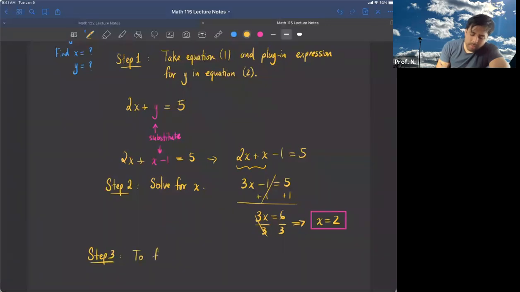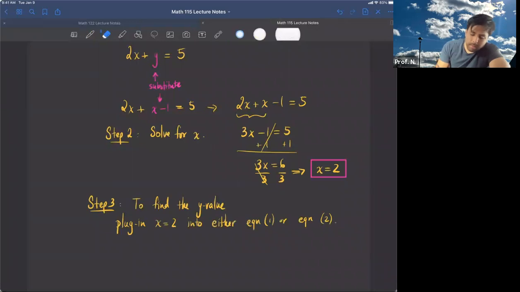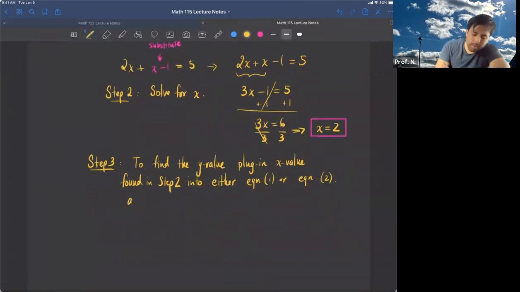To find the y value, I'm going to plug in the x value found in step 2, x equals 2, into either equation 1 or equation 2 and solve for y. So that's what we're going to do.